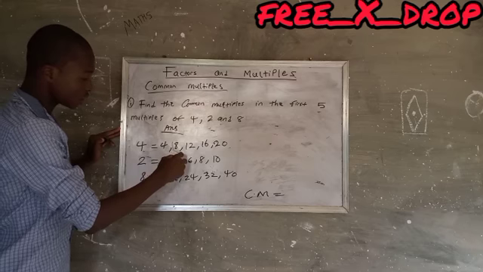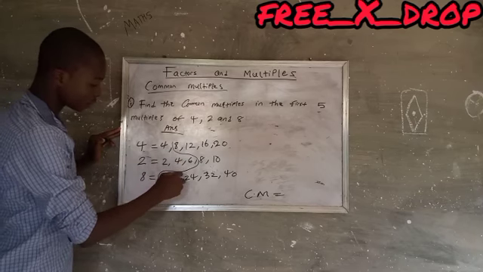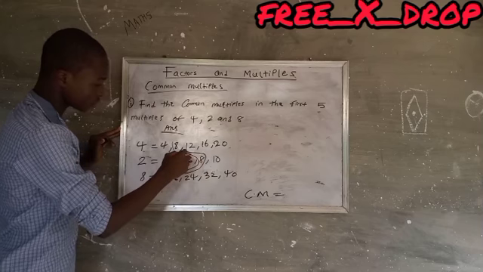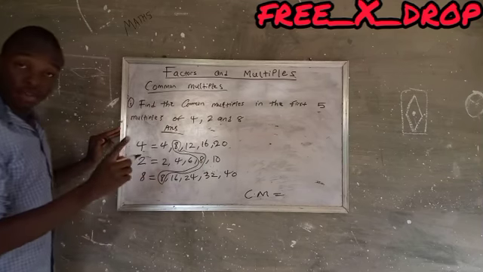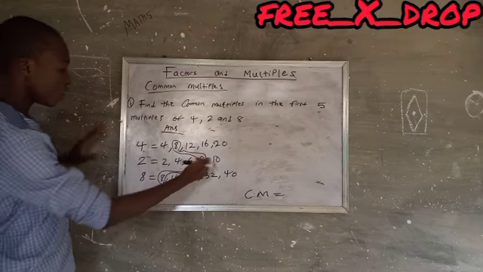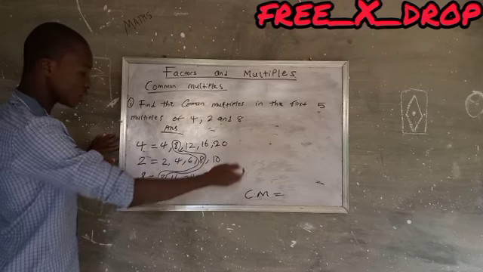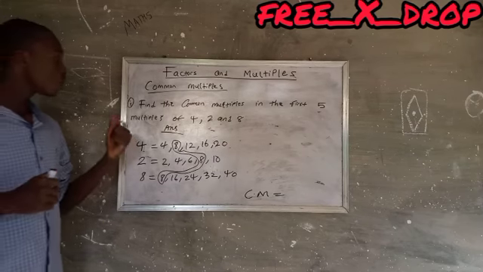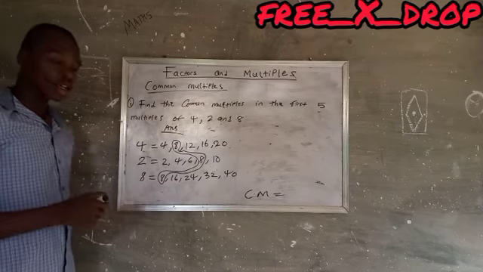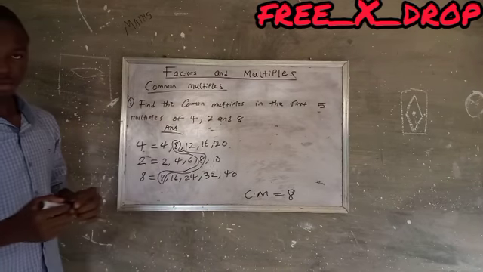So this is it: 8, 8, and 8. That's the first one. Let's check if there's any other. You have 12, no 12 here, no 12 here. 16, 16, no 16 here. 20. So you see, the only common multiple we have here is 8, which means our common multiple is 8.